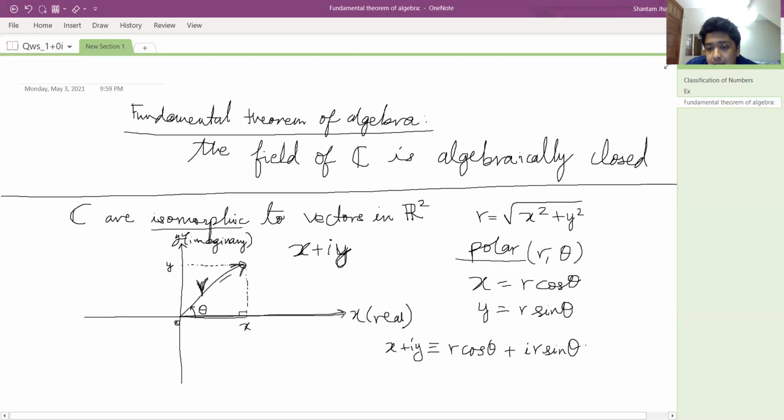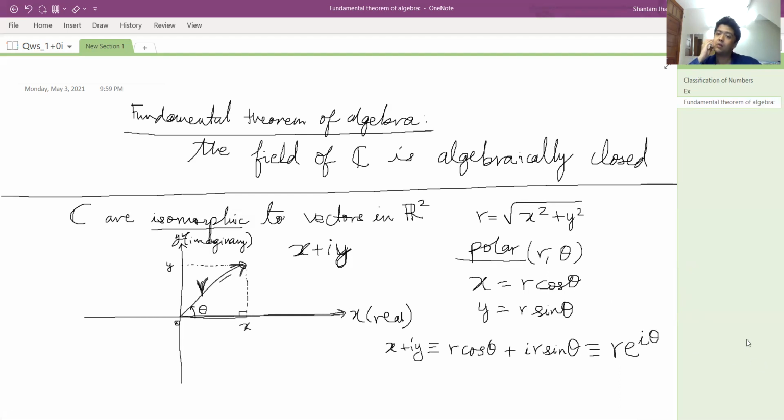All right, and Euler, the famous mathematician, showed that this can be written as r times e to the I theta.